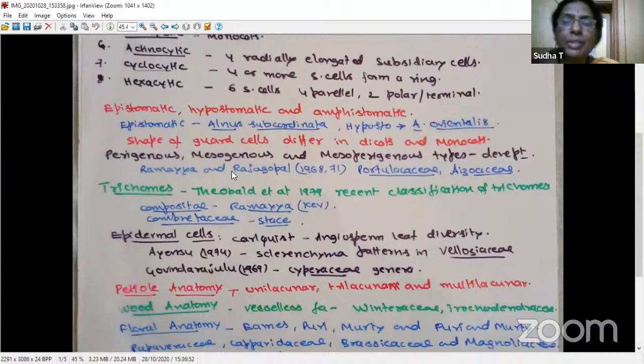Rajagopal sir used to say that even from a small plant material from the surroundings of Hyderabad, he could identify it, as much extensive work has been done. Not only these two families, almost all the flora of Hyderabad has been studied. Rajagopal sir and Ramaiah sir made a great contribution to taxonomy and also anatomy from Osmania University.